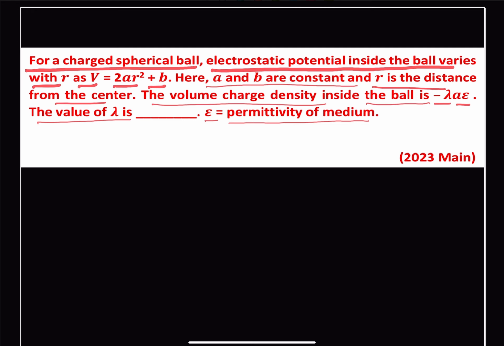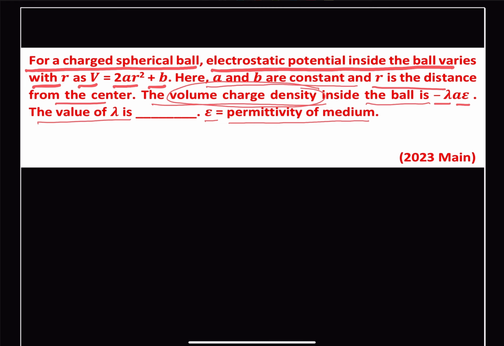First of all we are going to find the electric field, and from the electric field we can use Gauss law to find the charge. From there we can easily find the volume charge density.